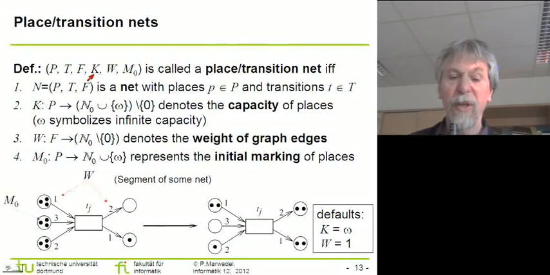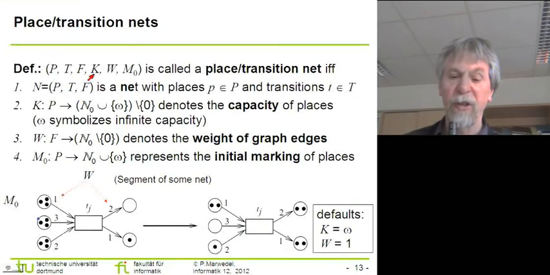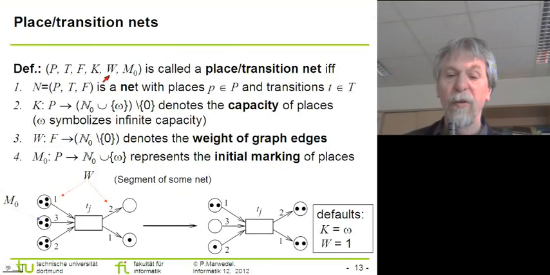In addition, we have the so-called capacity. Since we now are considering a number of tokens on each of the places, we are in general interested in defining a so-called maximum capacity for the places. Furthermore, whenever such a transition will take place, a certain number of tokens might be involved.